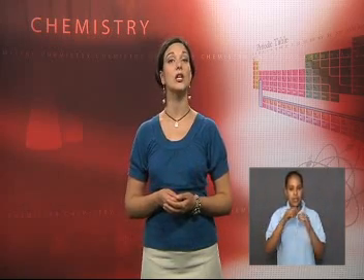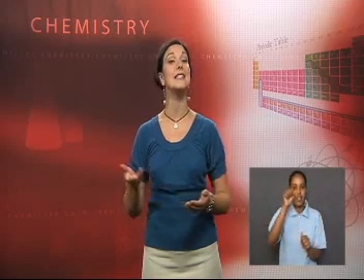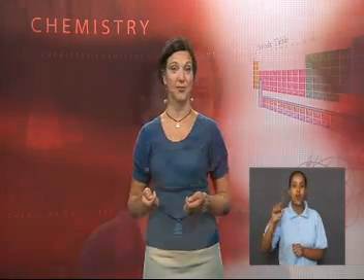Specifically, we looked at the shapes of S, P, and D orbitals. We learned that while we cannot know the precise shape of these orbitals, we can determine their general shapes. This allows us to draw a boundary within which the electrons are probably located.